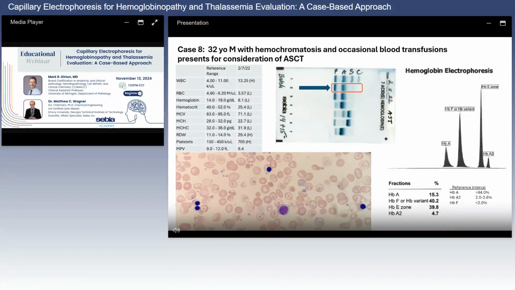Case 8. A 32-year-old male with hemochromatosis and occasional blood transfusions. This patient is presenting for consideration of autologous stem cell transplant.